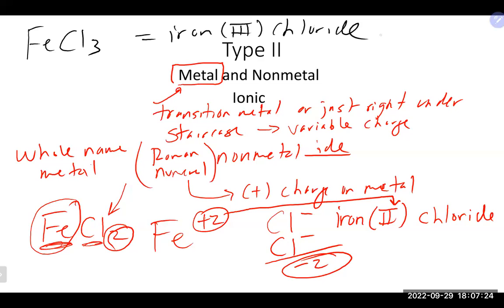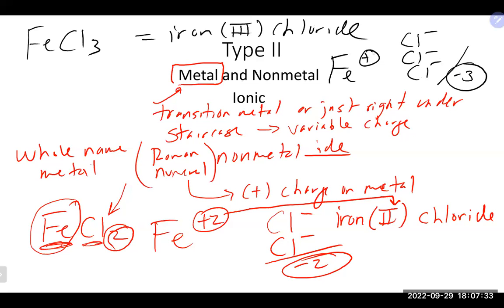That is because in this case we have not 2, but 3 of the chlorides, meaning that our iron needs to be 3 to balance it out. So we need to tell people which one we are dealing with. Any questions on that?